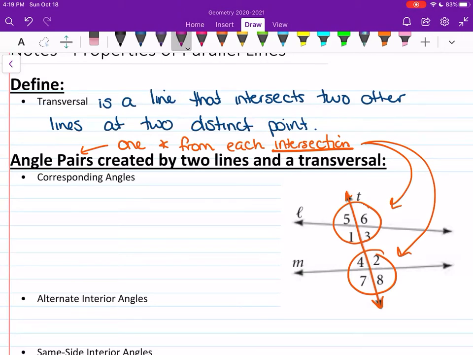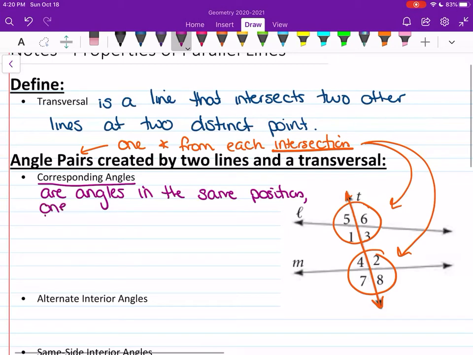All right, so our first special angle pair is called corresponding angles. Corresponding angles are angles in the same position, one at each intersection.